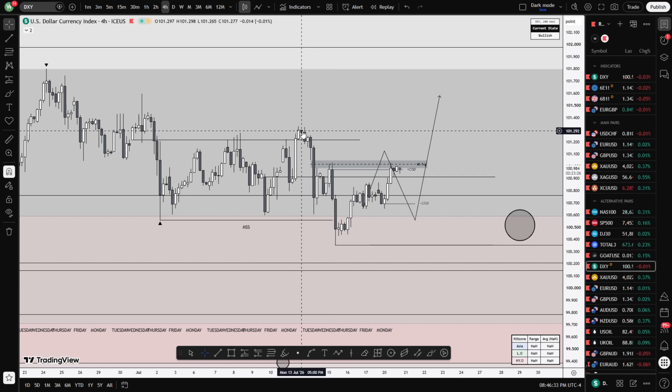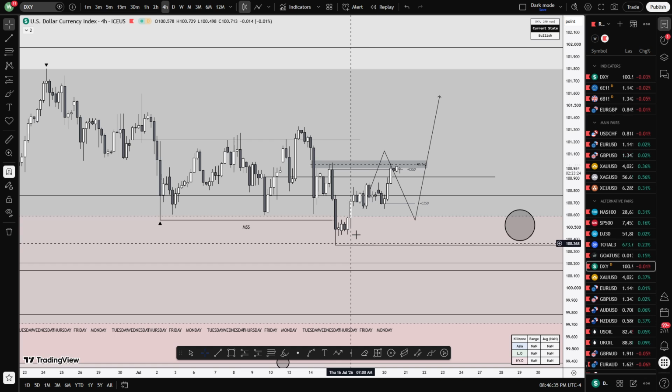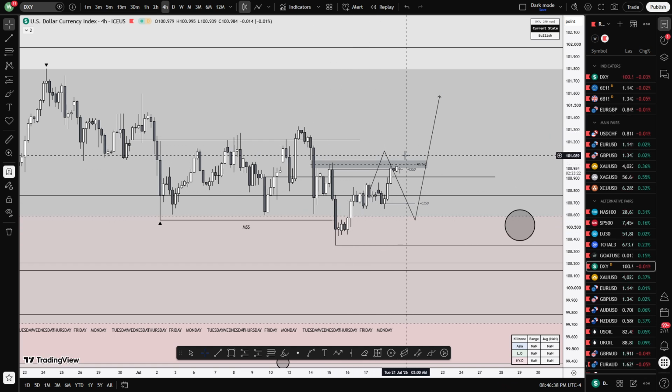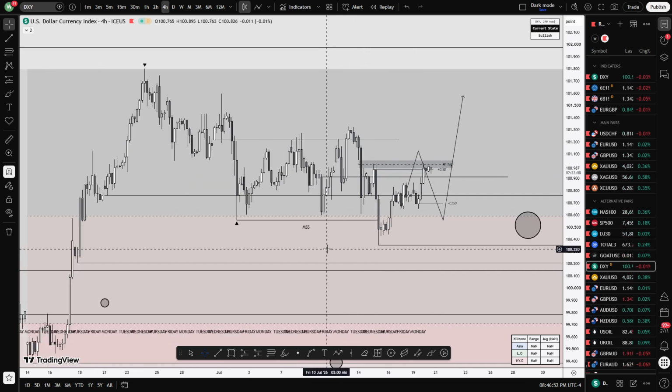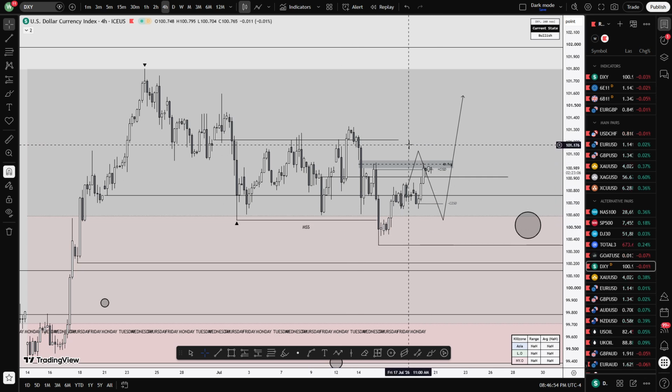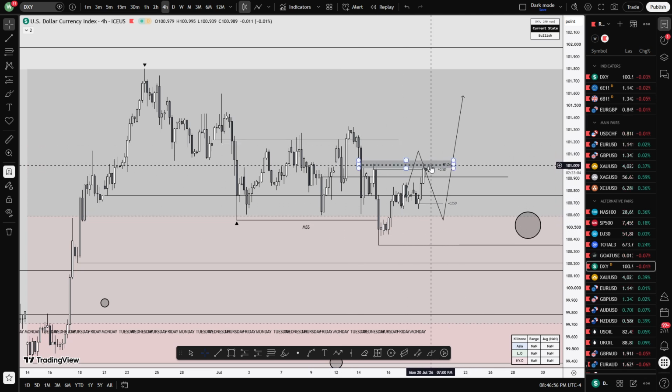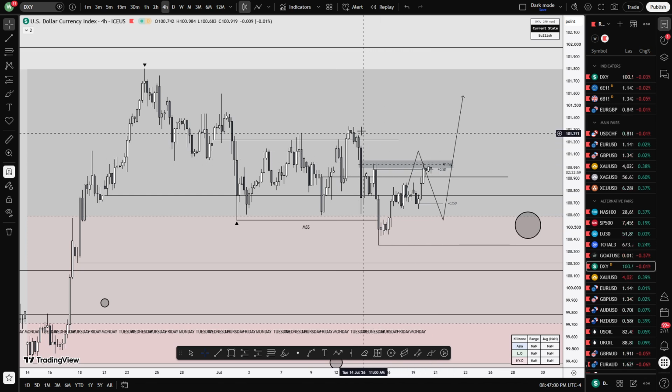So until this high is taken, we're still within the bearish range, right? We're still within the bearish range. So I'll be a bit cautious of drawing conclusions here of saying, oh, price has changed and all that. No, until we break above this high and this high.